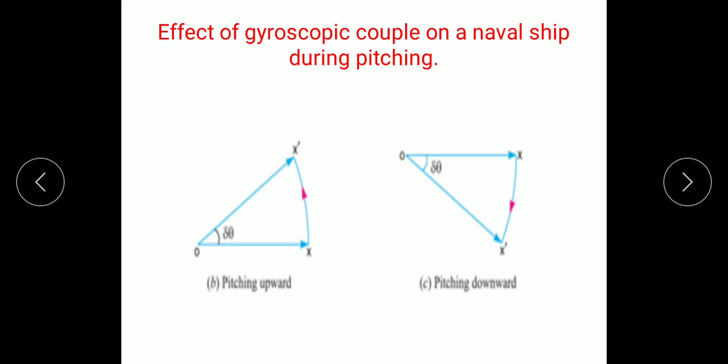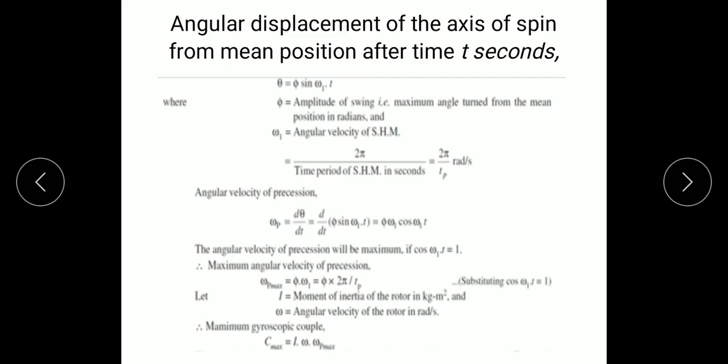Next, the angular displacement of the axis of spin from the mean position after a time t seconds. Here the formula is theta equal to phi sin omega 1 t. So that is the formula for the angular displacement of the axis of spin from the mean position after t seconds.